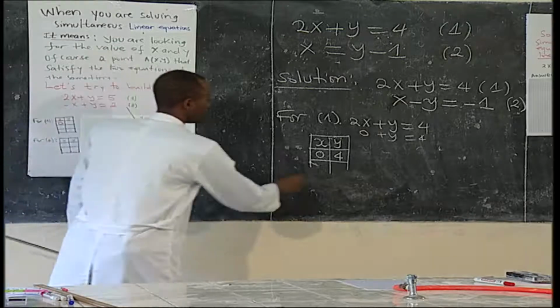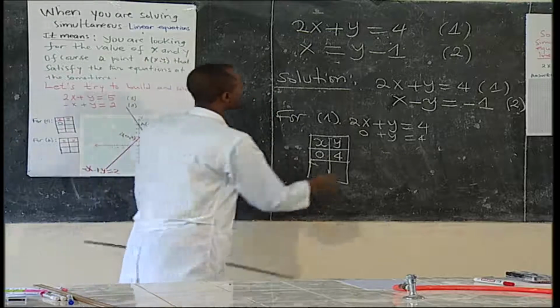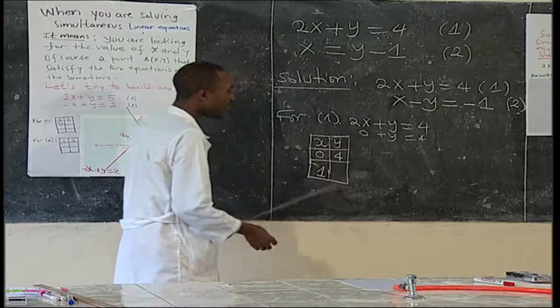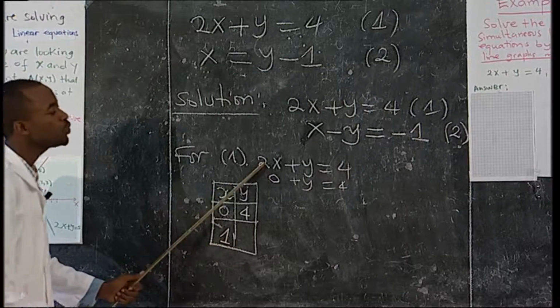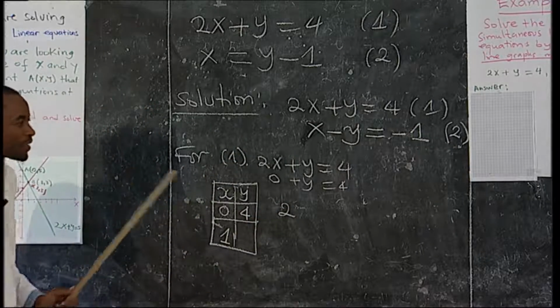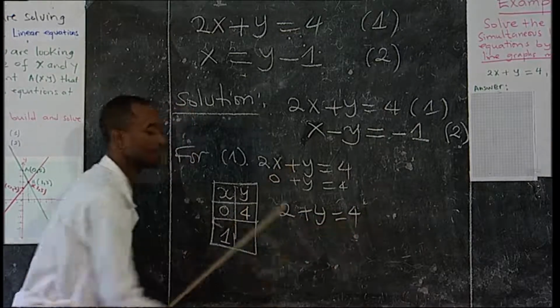Let's find the second point. What if x is equal to 1? If x is equal to 1, it will be 2 times 1, and I get 2, plus y equals 4.